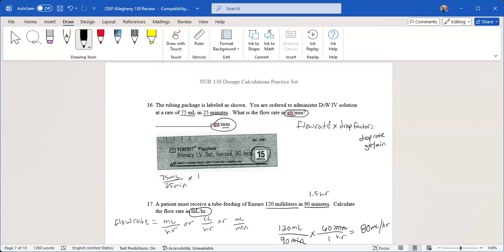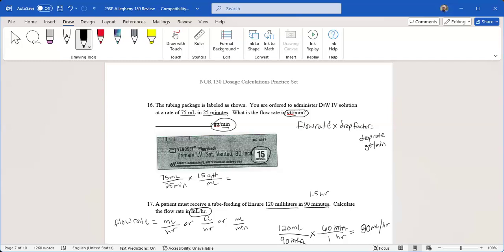Then you're just going to multiply that number by the drop factor. The drop factor is always going to be drops per milliliter. So they tell you drops per ml. The abbreviation for drops is GTT. And then now all I'm going to do is find my answer.